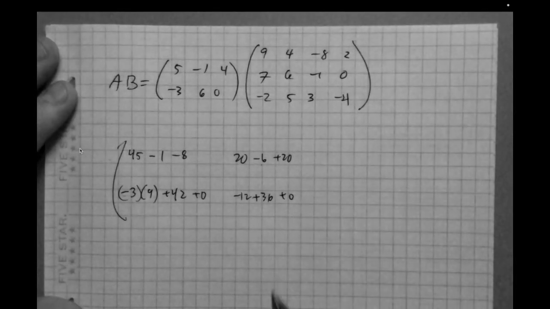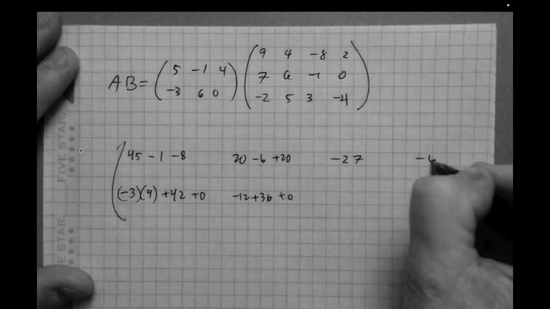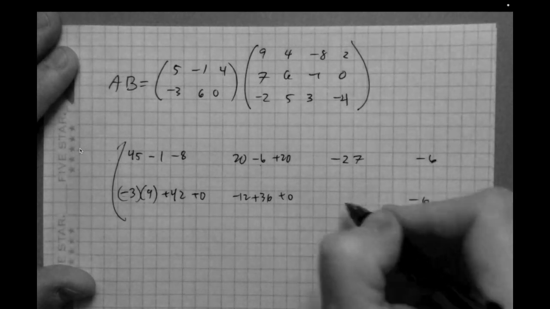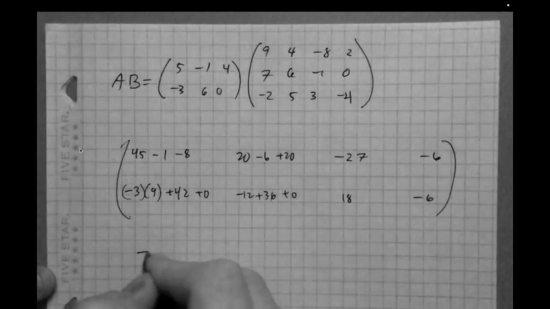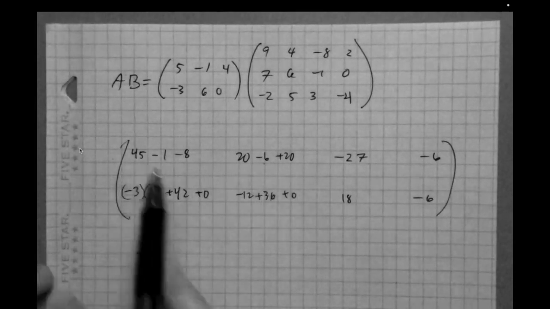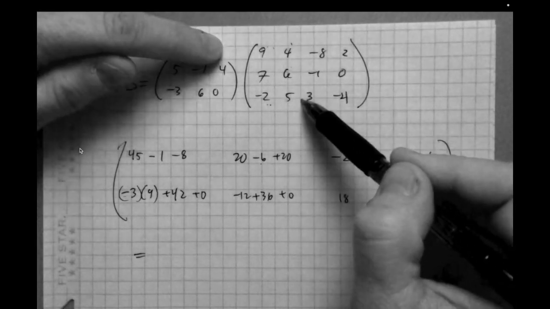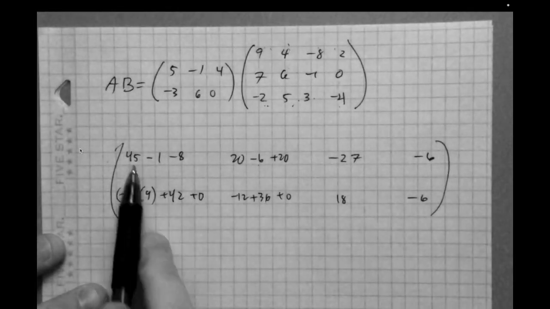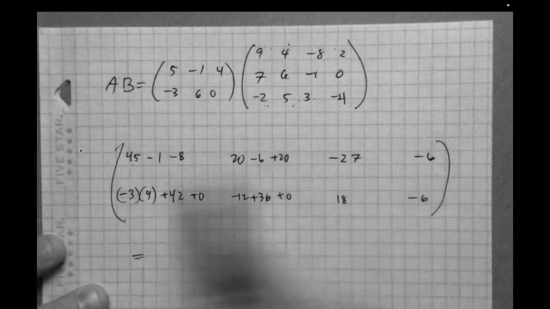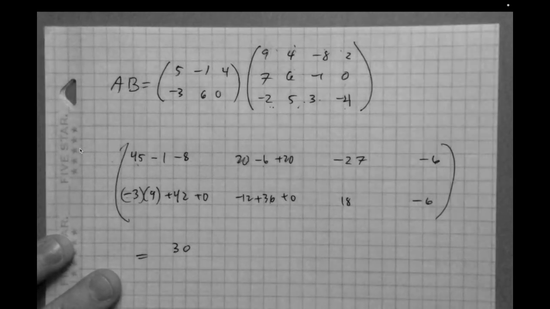I could continue to fill this out, and I would get a -27 here, a -6 here, a -6 there, and an 18 here. I've done this work ahead of time. One way to do it is to just set up the dot products, write it out like this, and then come back through a second time and simplify everything.